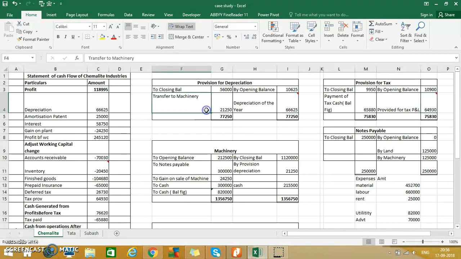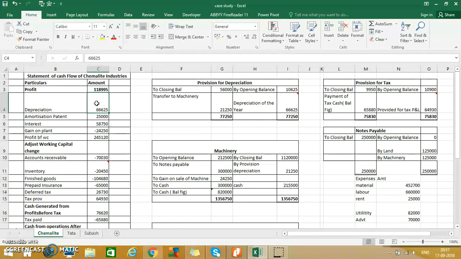So whenever we are talking about cash flow as per the indirect method, we are going as per Ind AS 7, where Ind AS 7 gives you very clear-cut guidelines on how you are going to work on the interest, and how you are going to treat the financing expenses. That is, interest is part of the financing expenses.